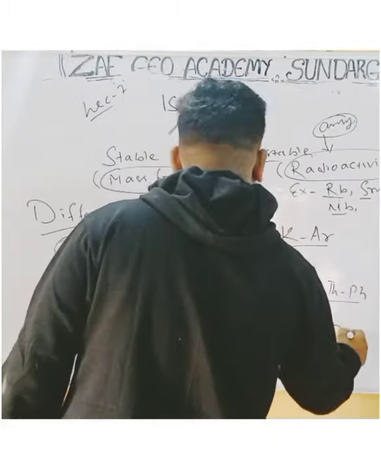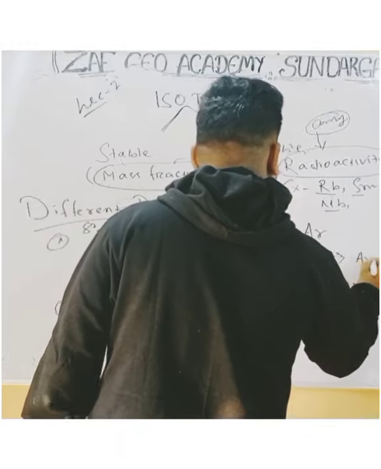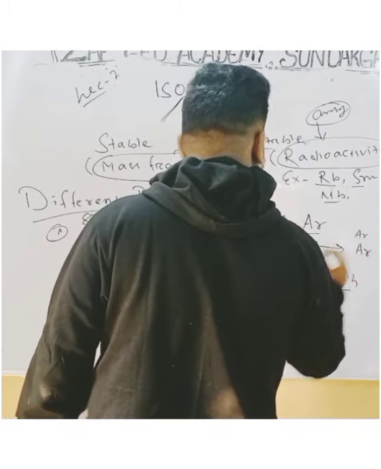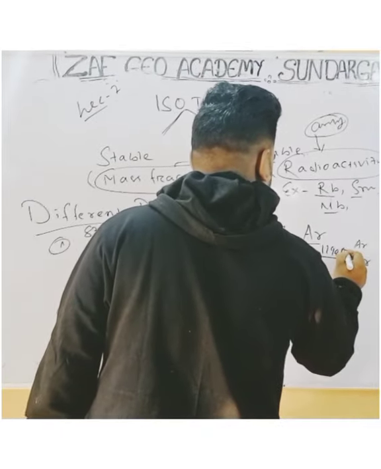Carbon dating. So potassium argon: potassium 40 converts to argon, and the half life is 1190 million years.